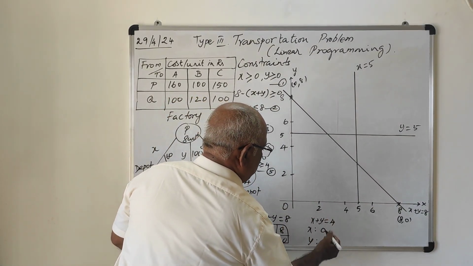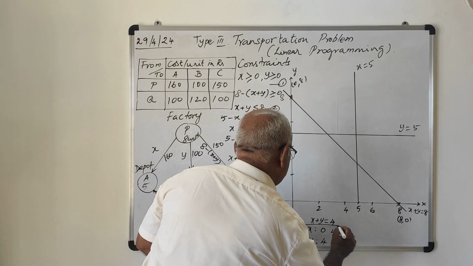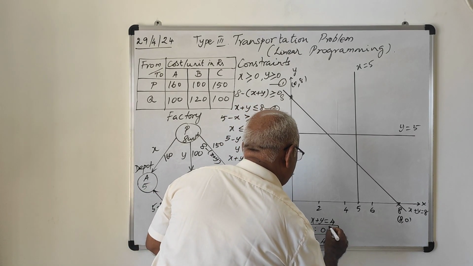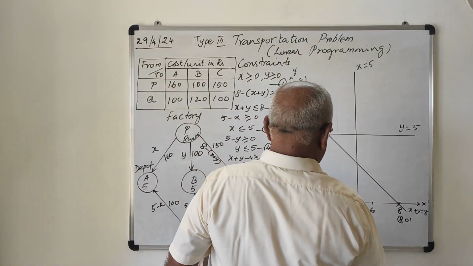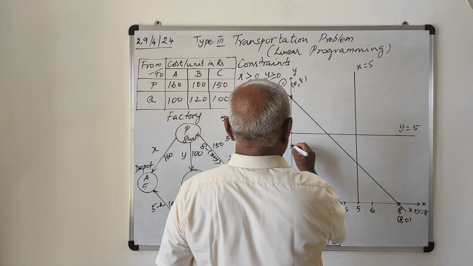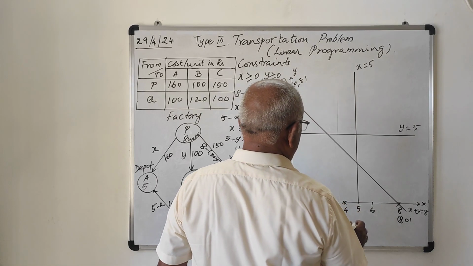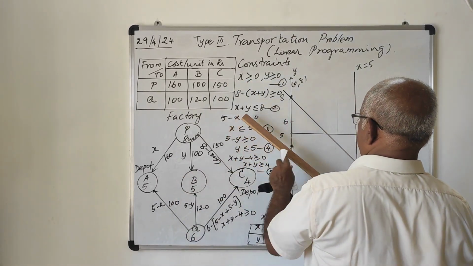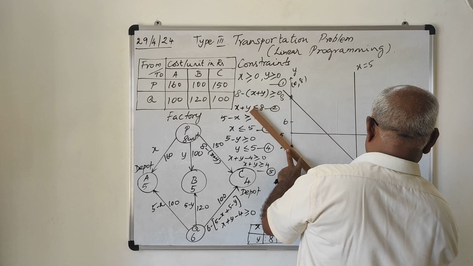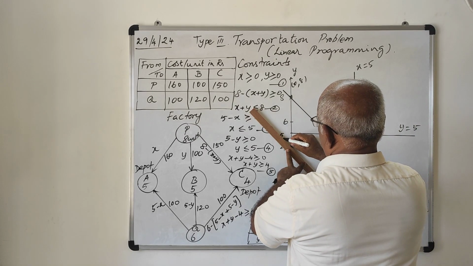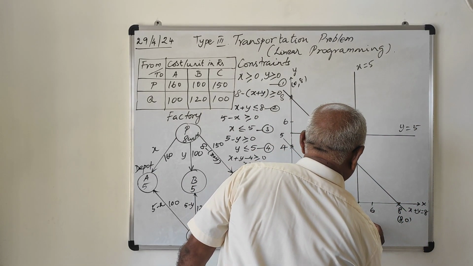That is the points 0 comma 4 and 4 comma 0. Joining these 2 points, we will get the line x plus y equal to 4. Super. This is x plus y equal to 4.